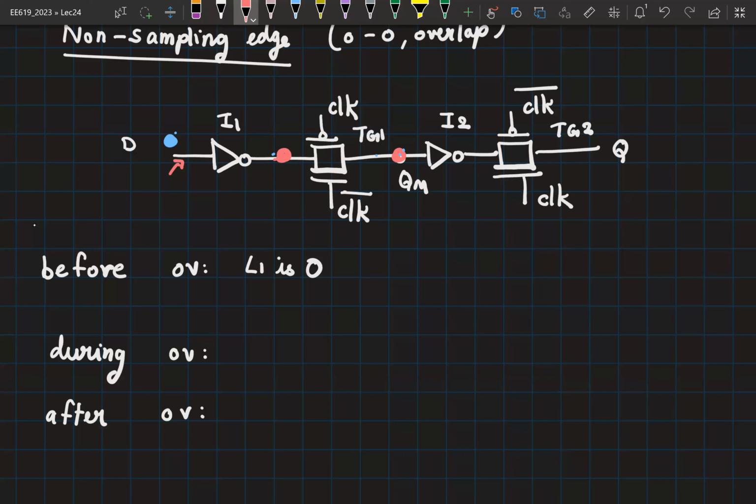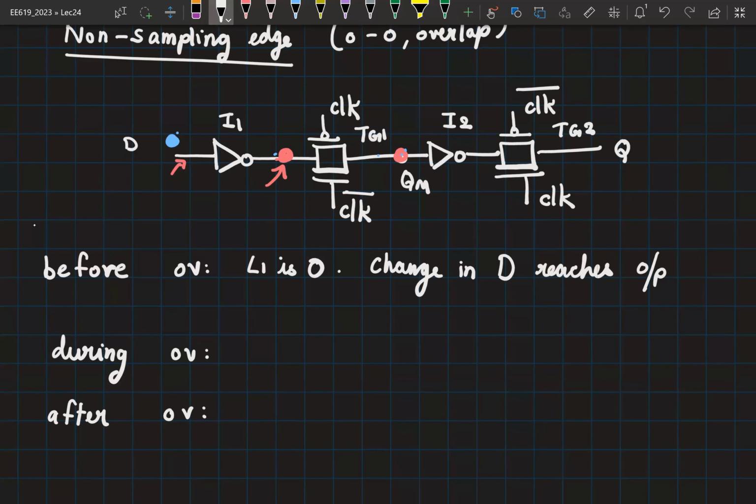But it is not going to corrupt your QM. It is not going to corrupt your Q, right? So the change in data has now reached up to this point. QM is not corrupted.